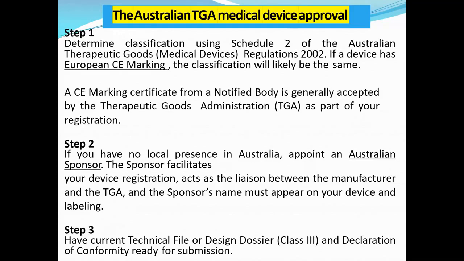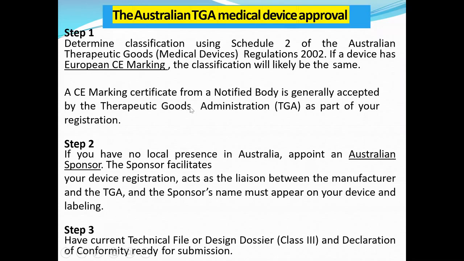Once they develop or design a product and start manufacturing, everybody is behind quality management certification, that is 13485, and getting the CE mark. So the classification will likely be the same, and when you have the European CE mark, you can easily enter the TGA.